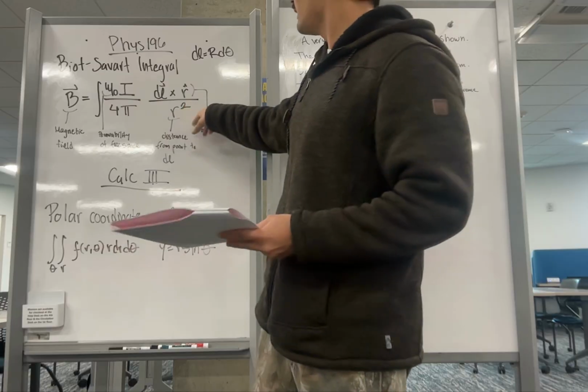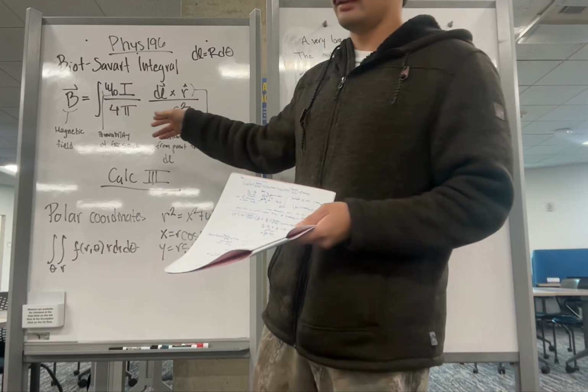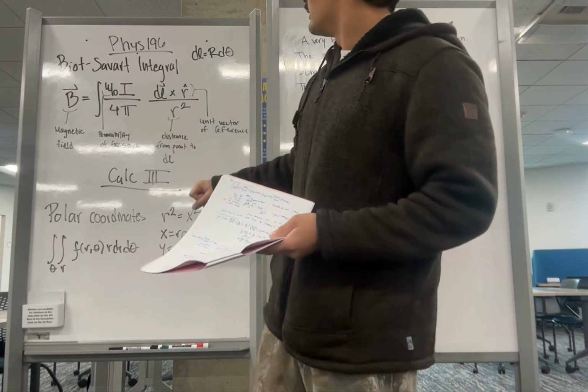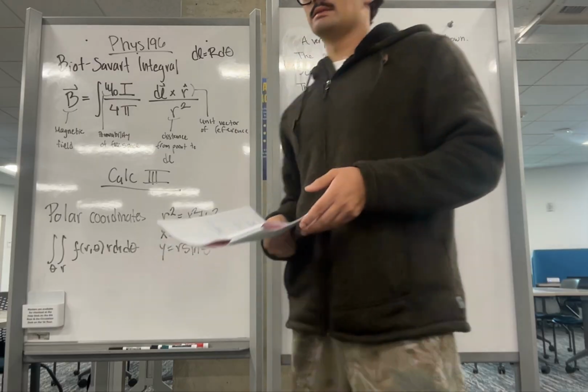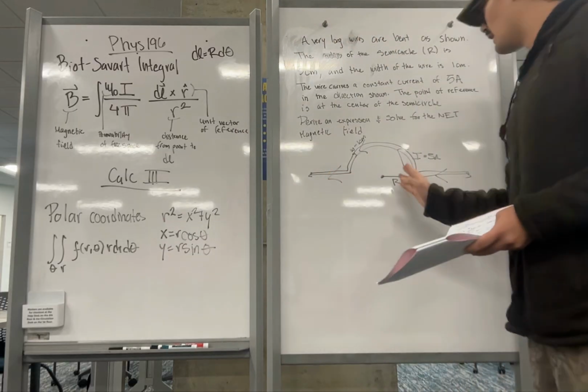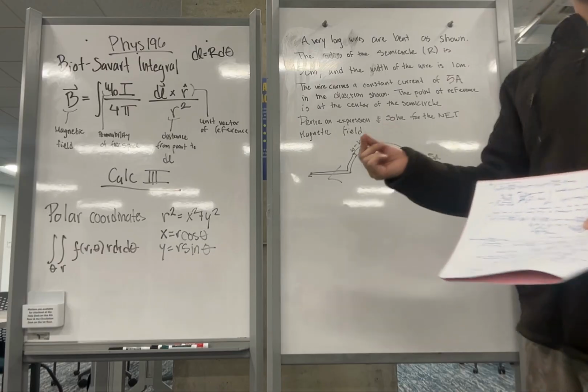And then all of that is divided by the distance from the point of reference to dl, which is just r squared. So how we're going to relate to this is when you have a curving wire with a set width.